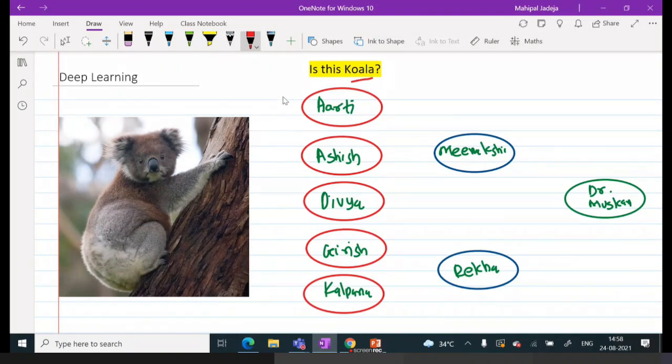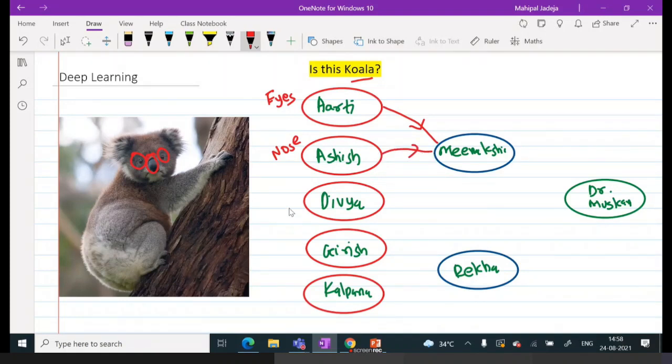So now the focus of Aarti will be on the eyes of this particular animal, right? So the task of Aarti is to focus on the eyes and report to Minakshi whether these eyes belong to a koala or not. Similarly, Ashish will focus only on the nose of this particular animal and then report to Minakshi.